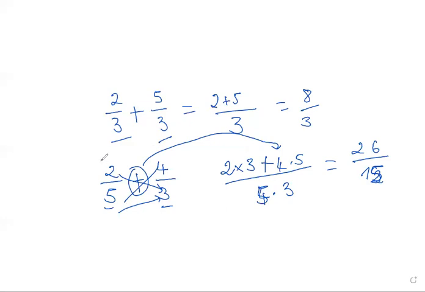Again, adding two fractions that don't have the same denominator, you do cross multiplication and add them up and divide by the product of the denominators. As simple as that. Next, this one is easier. Multiplication. Say 2/3 times 4/5.